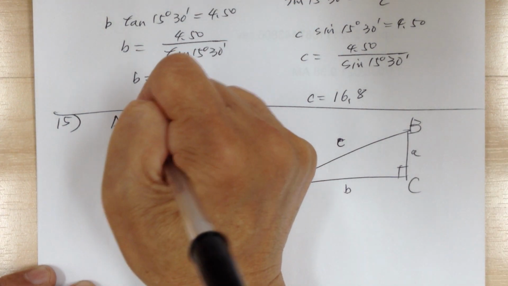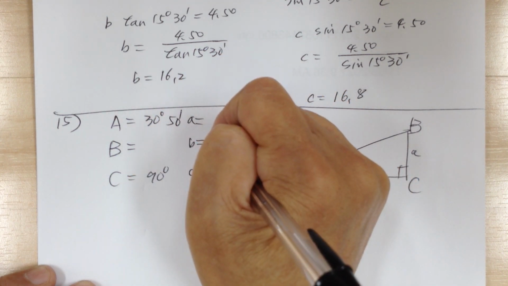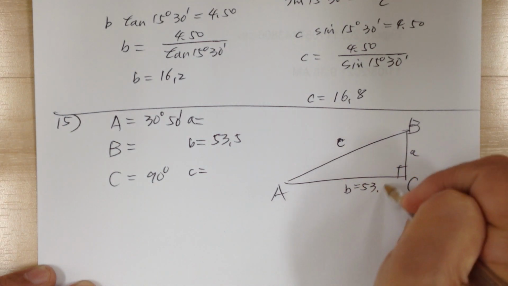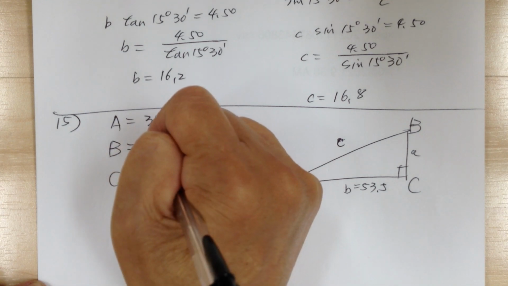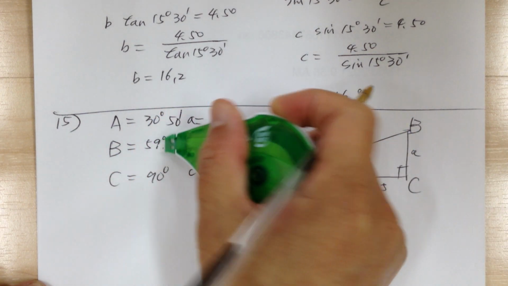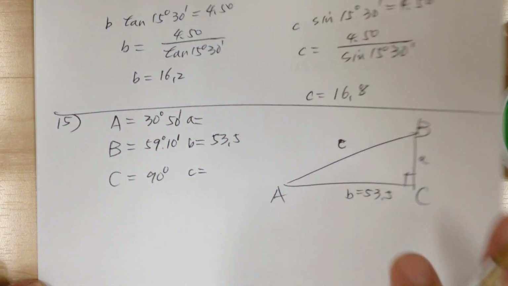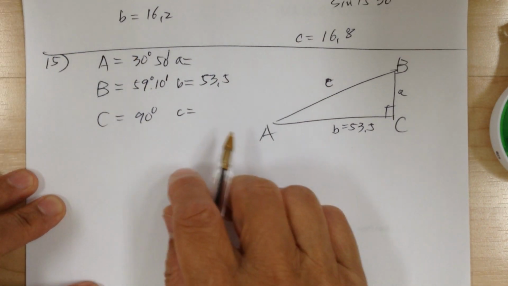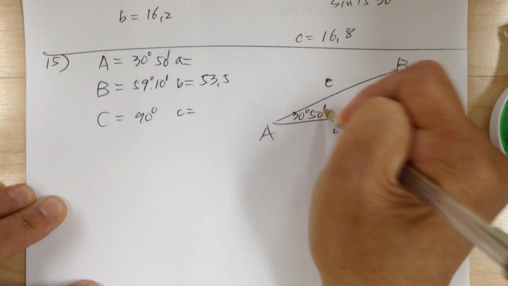A is 30 degrees and 50 minutes, and b equals 53.5. So first let's get this. This would be 59 degrees and 10 minutes. You can just subtract. And then from here, this is 30 degrees and 50 minutes.